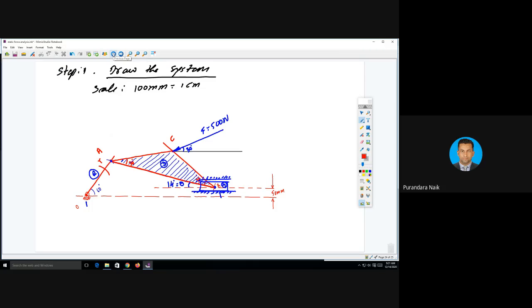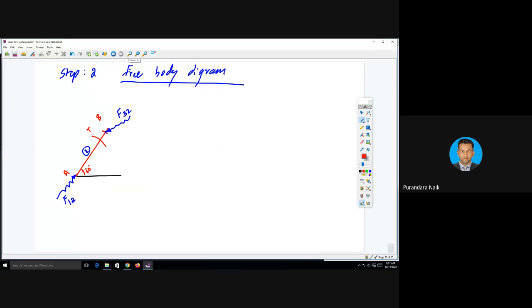Next, link number 3. So first you take the reference line. Okay. So mark a point. This point is B. What is the angle? 15 degree, right? Or 14? Okay, 14 degree, theta.